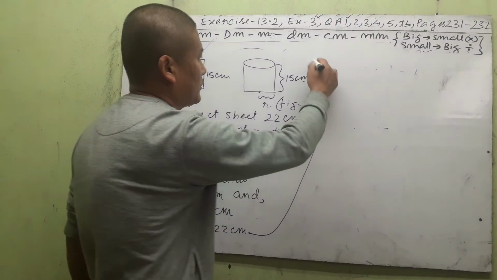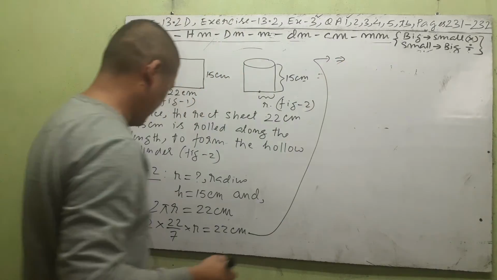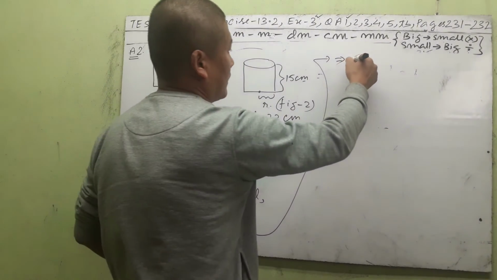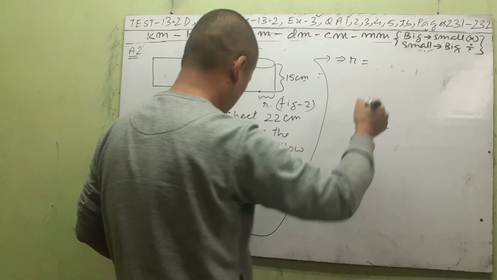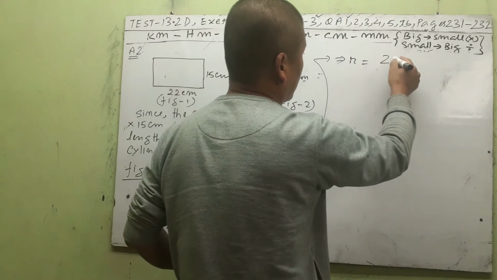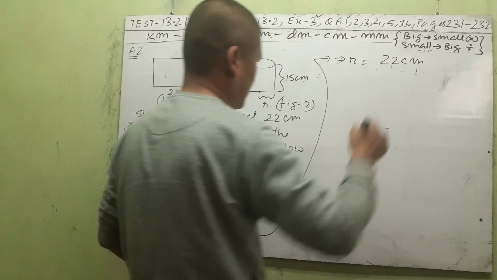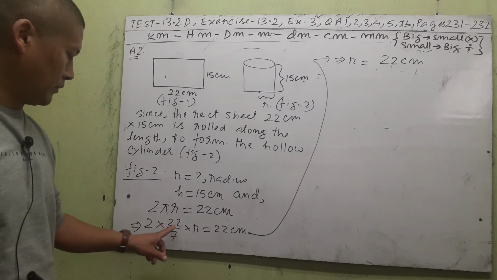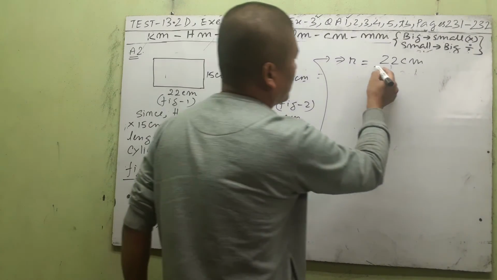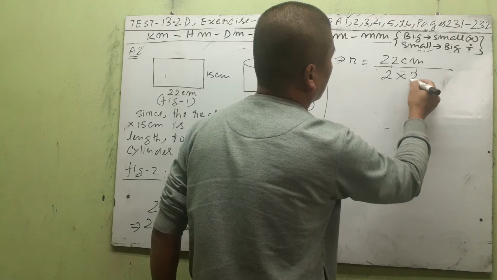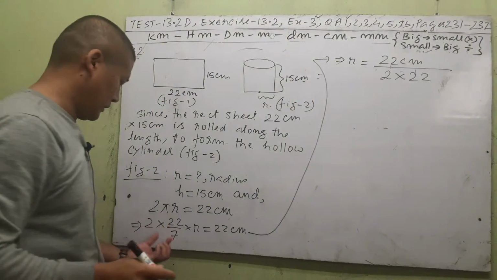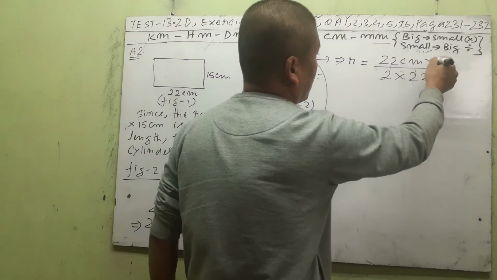So as we continue, that implies, let's put this r on one side, equal to 22 centimeter, and then this 2 and 22 in the numerator will come down. So 2 into 22 will come down and 7 down will go up.